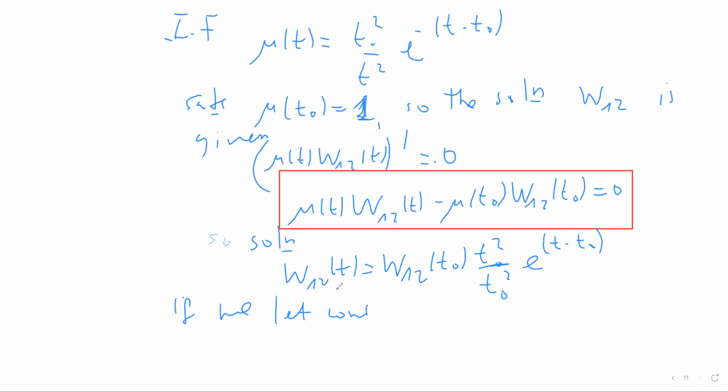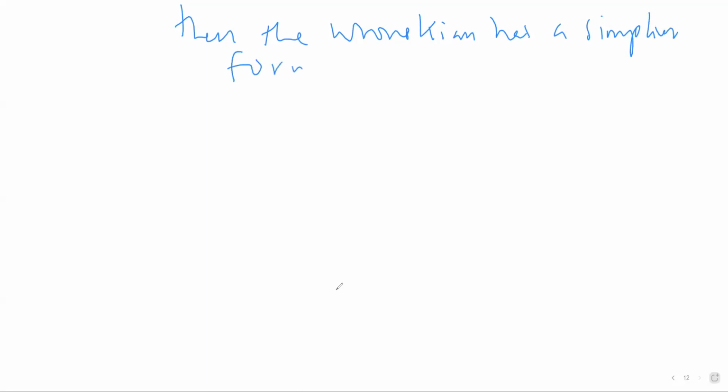If we let the constant c equal W12(t0) over t0 squared e^(t0), then the Wronskian has a simpler form: W12(t) = c t squared e^t. With that, we're able to write the solution for this problem.